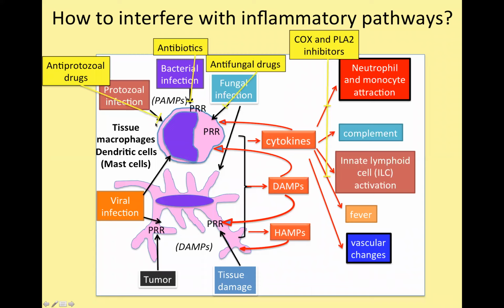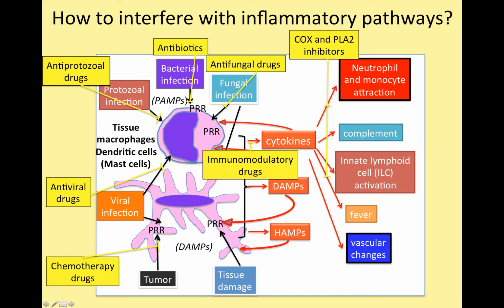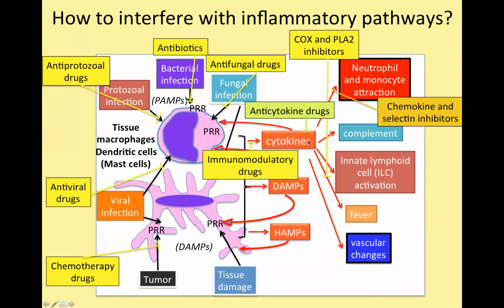Antiprotozoal drugs will kill the protozoans, or antiviral drugs may act against viruses. Chemotherapy will reduce the tumor cell lysis or the reaction to these. Immunomodulatory drugs may block the cytokine response, or if we can use anti-cytokine drugs, we can block the action of cytokines.